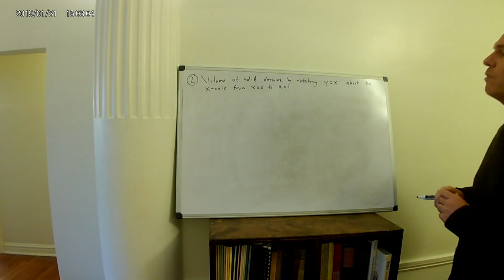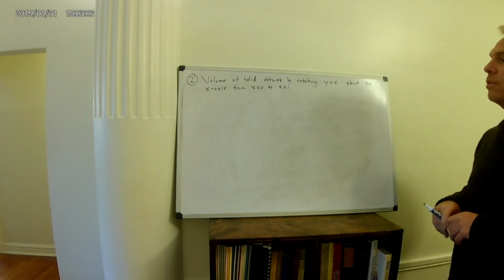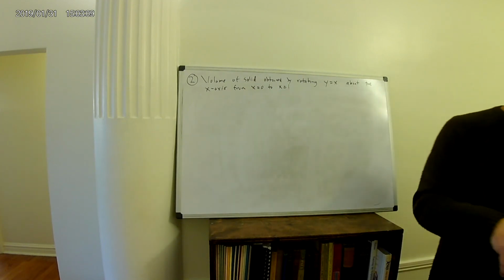We're going to find the volume of the solid obtained by rotating the line y equals x about the x-axis from x equals 0 to x equals 1.